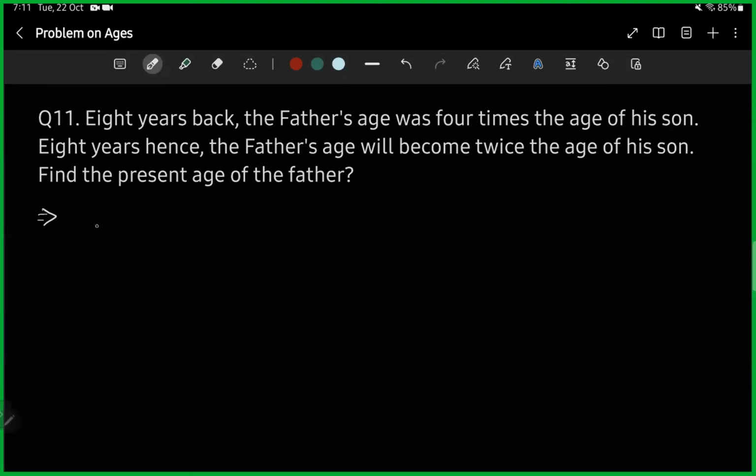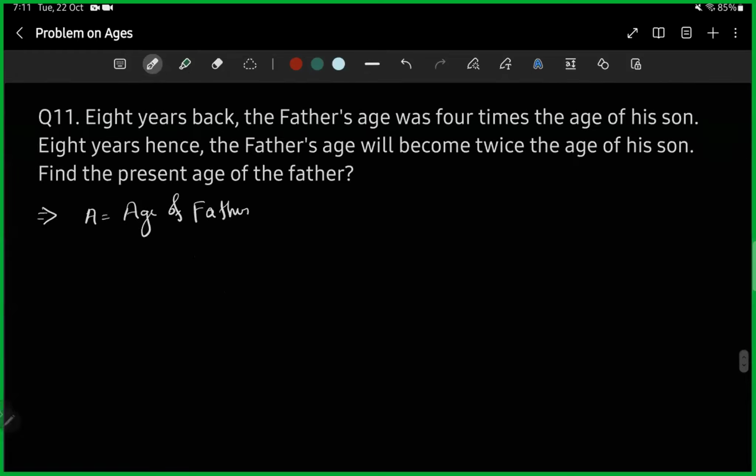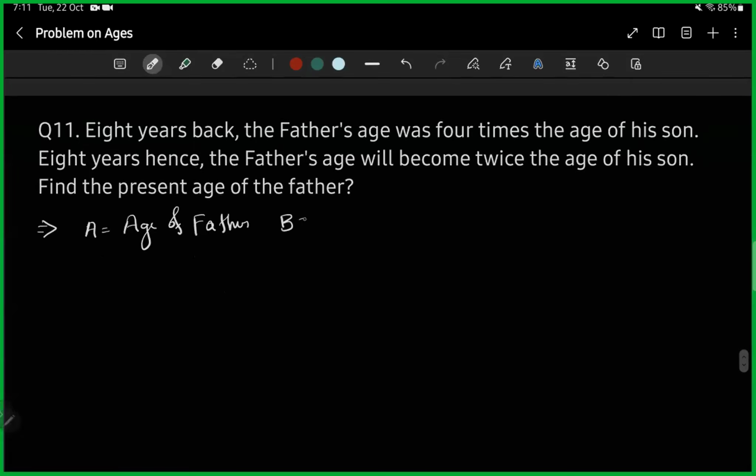So 8 years back means A minus 8. With this, we're going to take A as the age of the father and B as the age of the son.